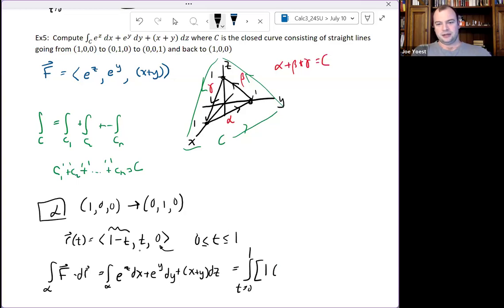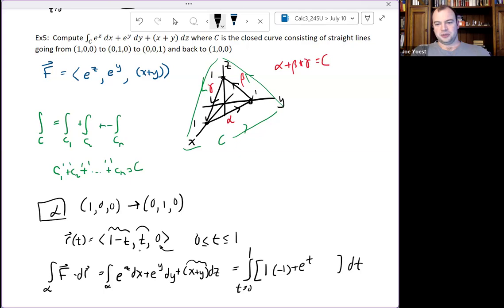And then x equals 1 minus t, so dx is negative 1 dt. The dt will come out to the end here. e to the y, that's e to the t, times dy, which is just dt. So that dt factors out as well.